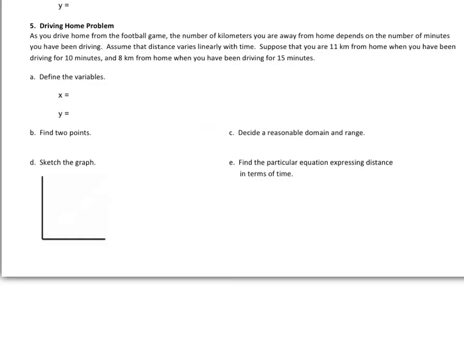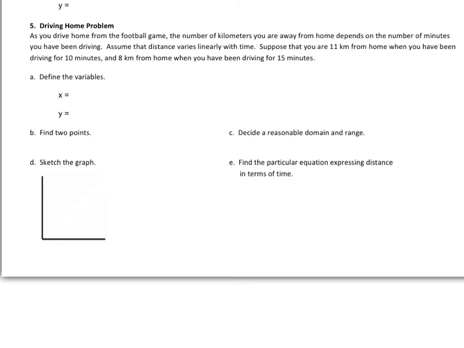Okay, the next problem, we're going to fill out some more information. The problem says, as you drive home from the football game, the number of kilometers that you are away from home depends on the number of minutes you have been driving. Assume that distance varies linearly with time, and suppose that you are 11 kilometers from home when you have been driving for 10 minutes, and 8 kilometers from home when you have been driving for 15 minutes.